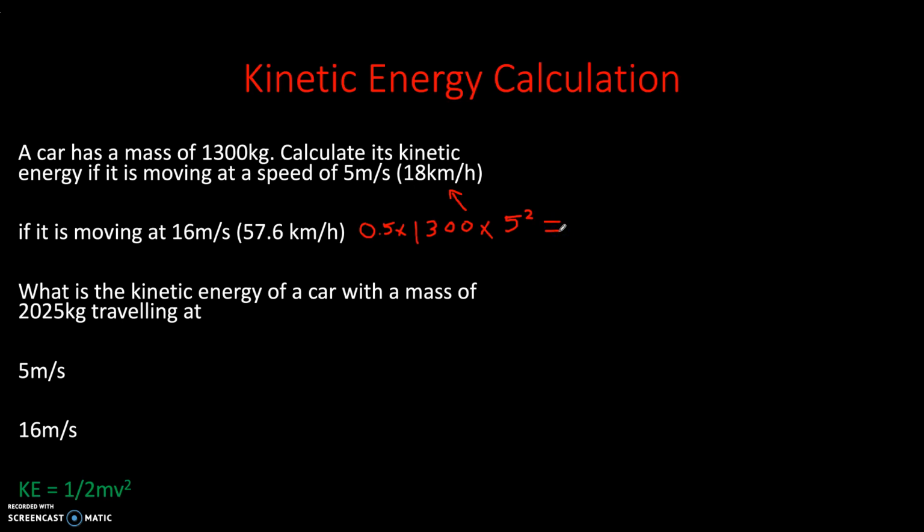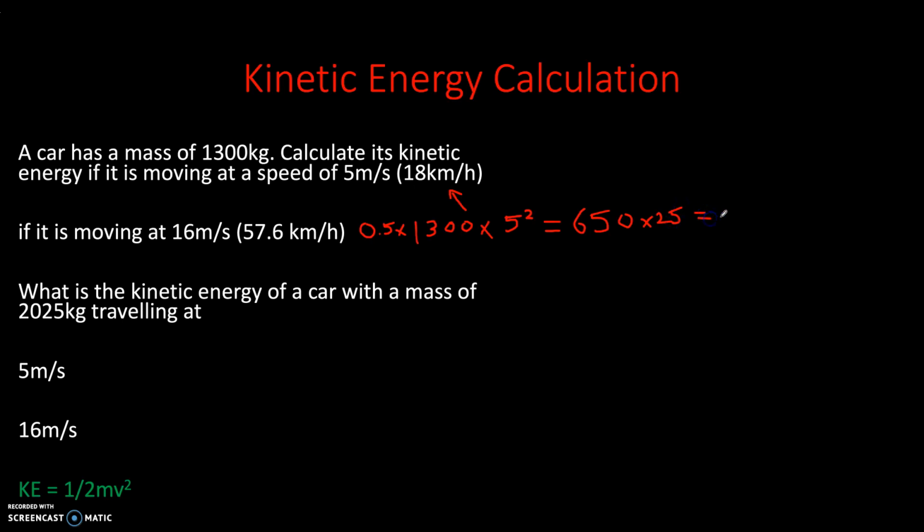Now I'd like to break this up into sections. So I'll go 0.5 multiplied by 1,300 gives me 650, multiplied by 5 squared, which is 25.